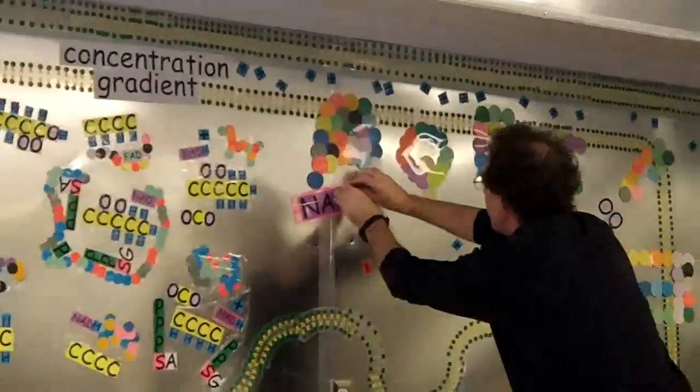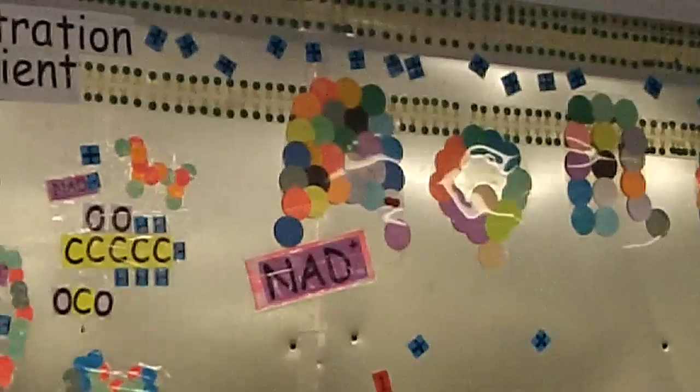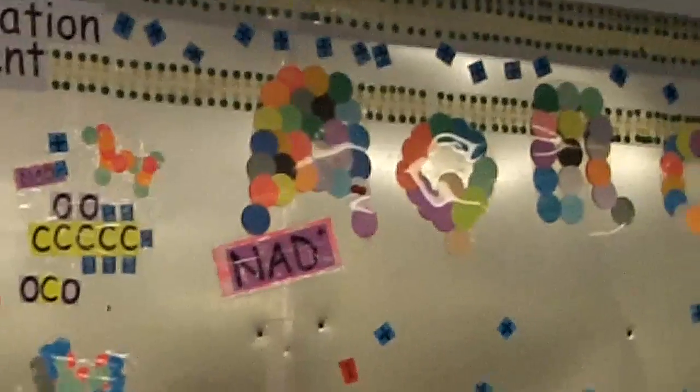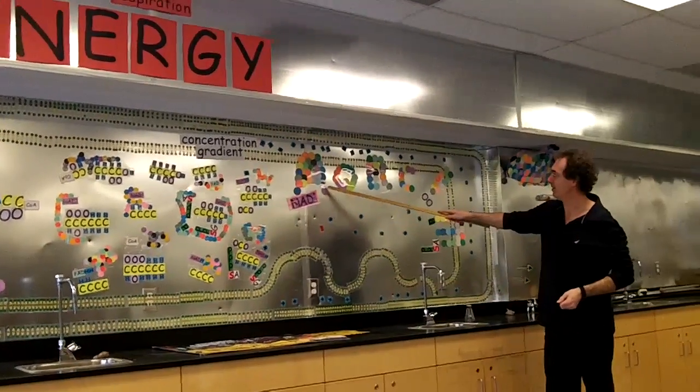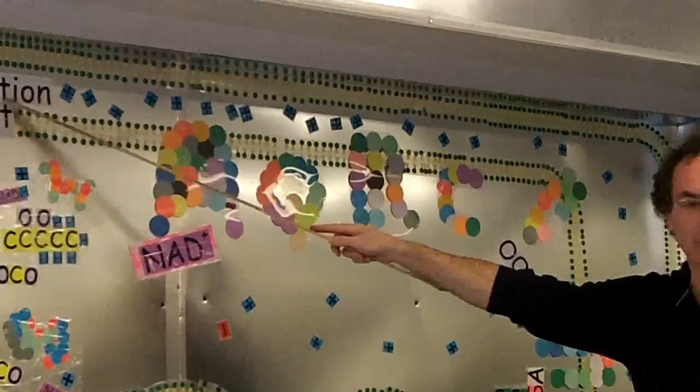When this first reaction takes place, have we increased or decreased or kept the same amount of protons in the intermembrane space? We've increased it, right? Was energy required to increase the concentration gradient?